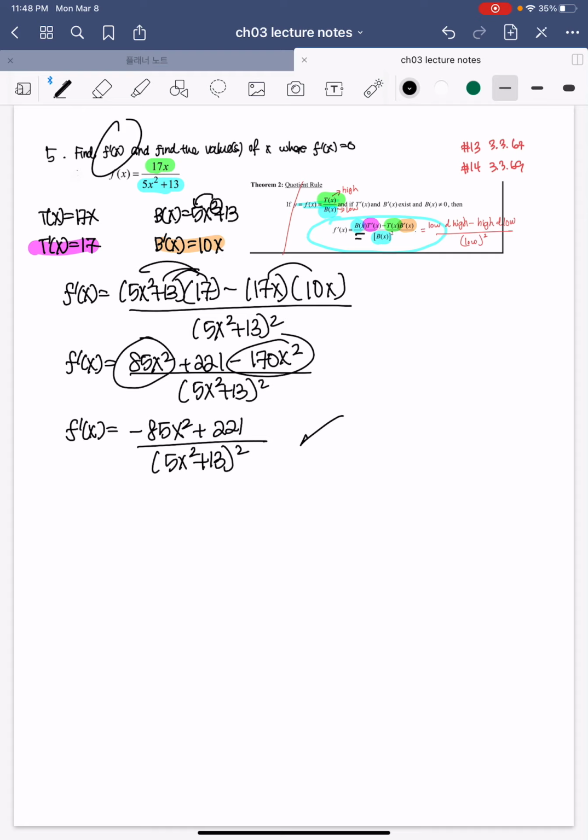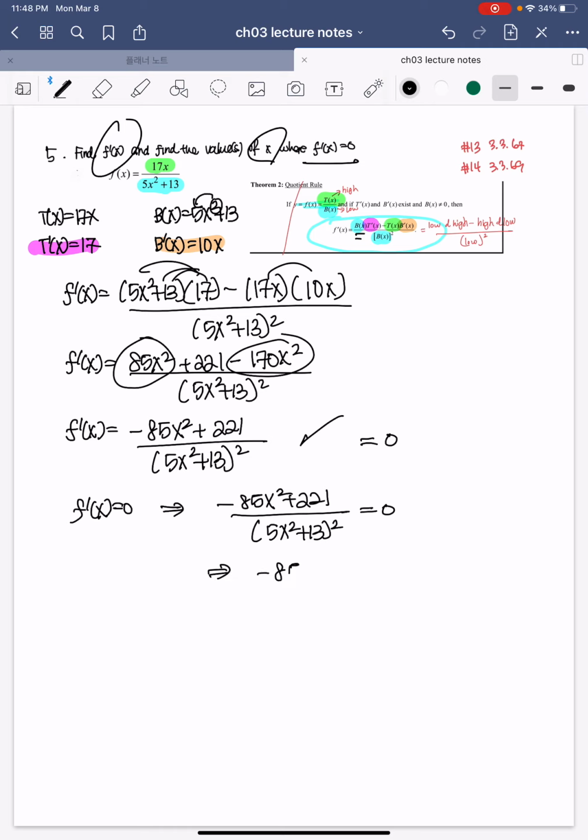Now the second part is they want you to set this equal to 0 and solve for x. So if I set the function equal to 0, that means negative 85x squared plus 221 over 5x squared plus 13 squared equals 0. Recall that a fraction is 0 if and only if the numerator equals 0.